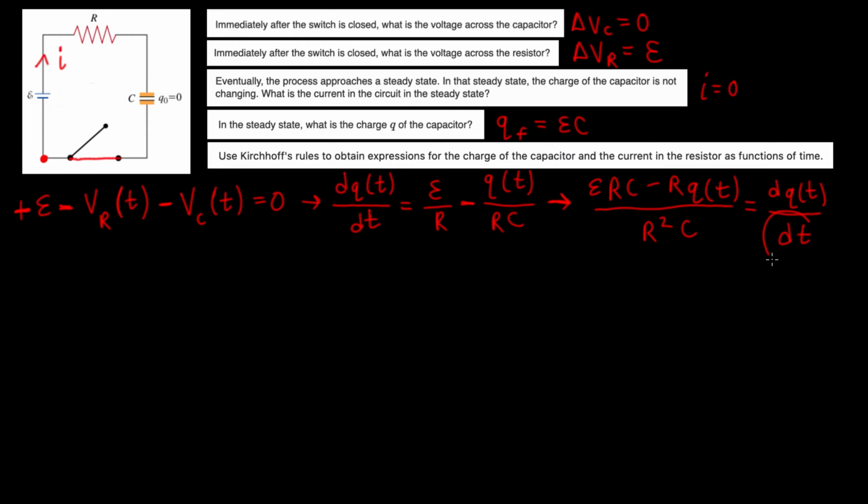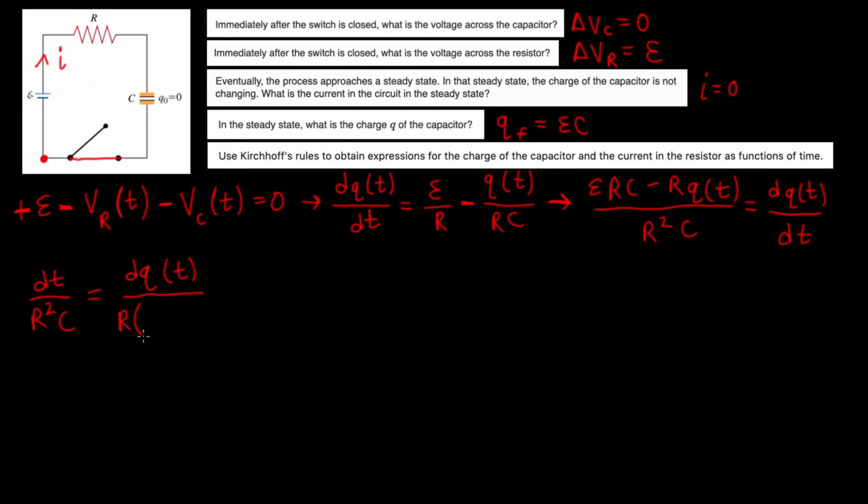And now, let's bring this dt variable over to the left-hand side, and we can do that by multiplying both sides by dt. And let's bring this numerator over to the right-hand side by dividing both sides by this numerator. If I do that, I would get the following. It would look something like this.